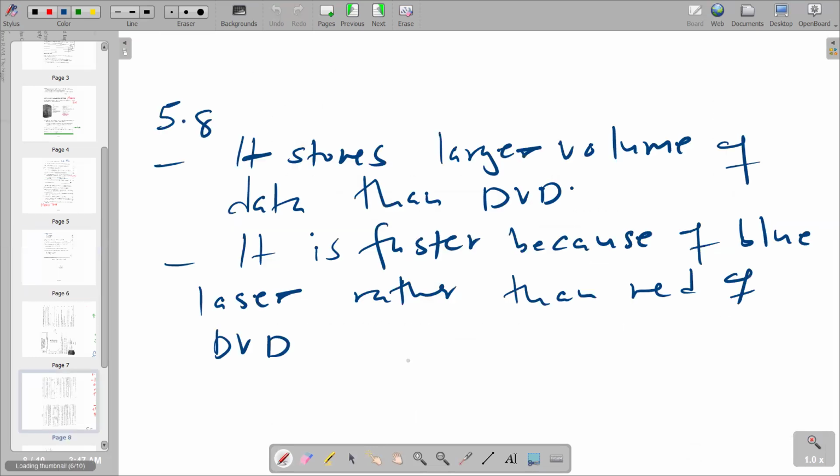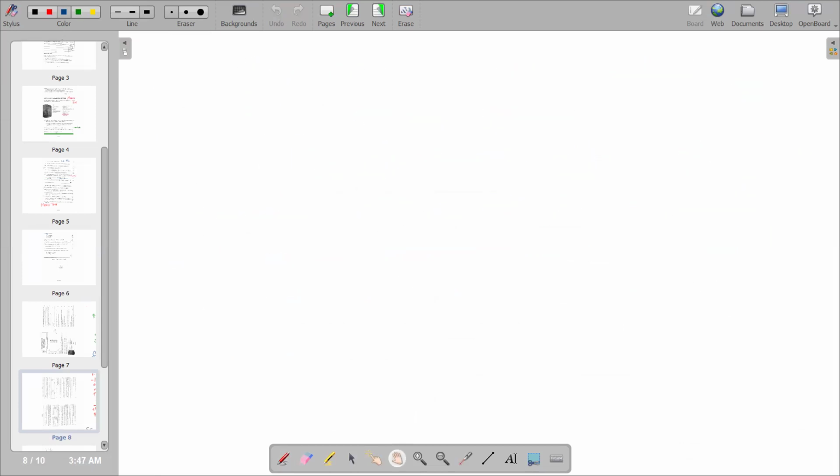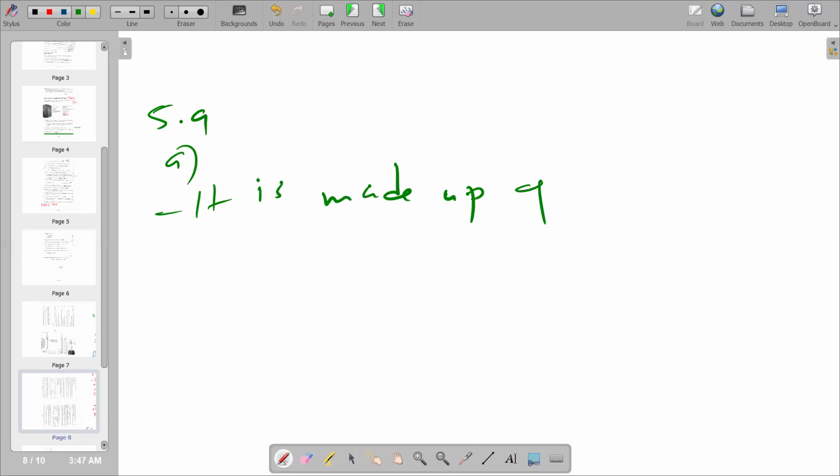So we're saying 5.9A, and we are looking at A. So you will see that it is made up of the SRAM, which is the static random access memory. So we can just start with that point, that it is made up of SRAM, and we are saying it stands for static random access memory.